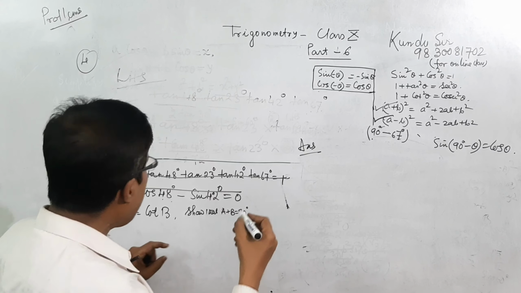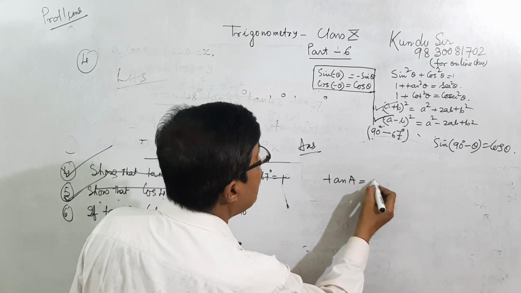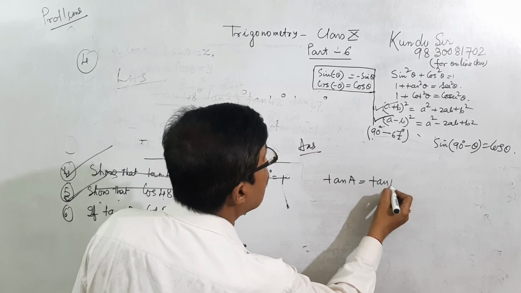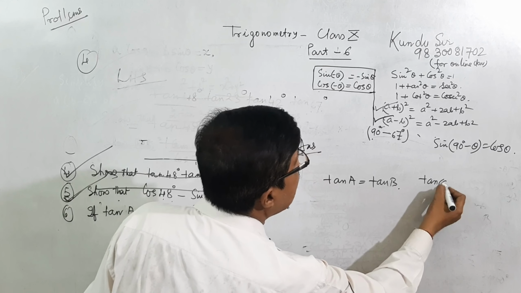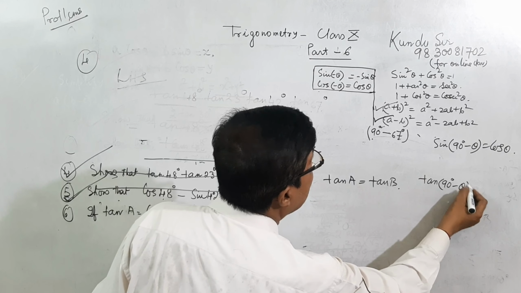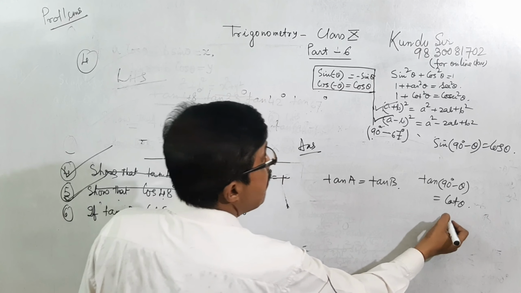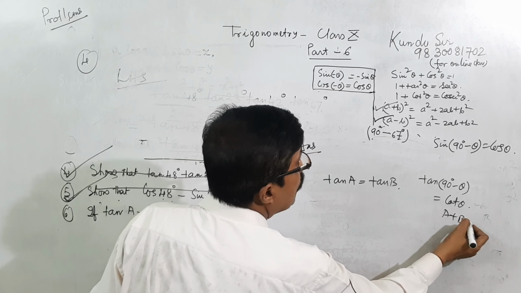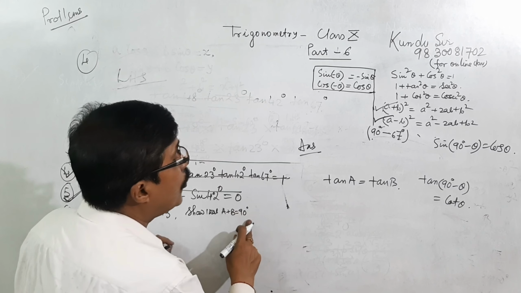Now tan A equal to cot B. We know tan 90 degree minus theta equal to cot theta, and you have to prove A plus B equal to 90.